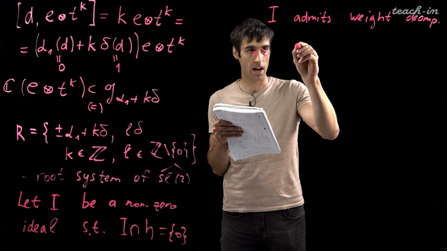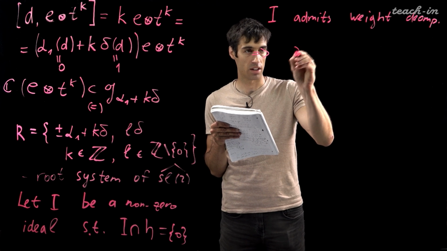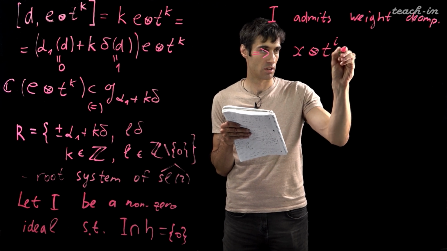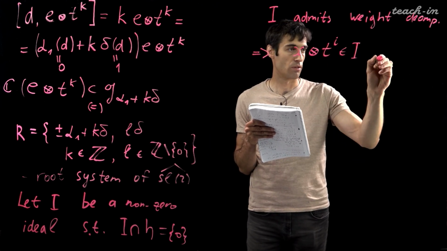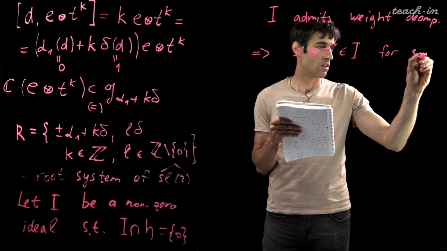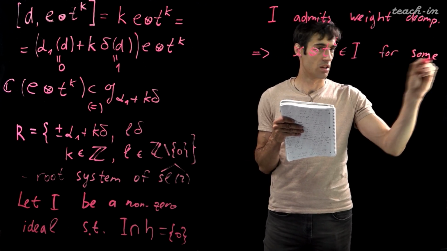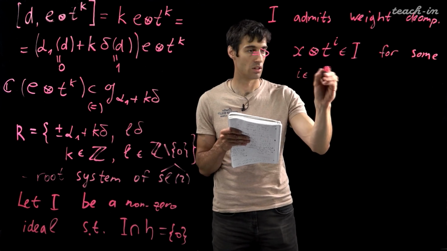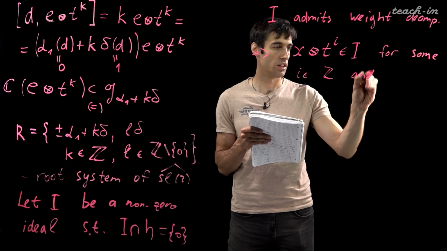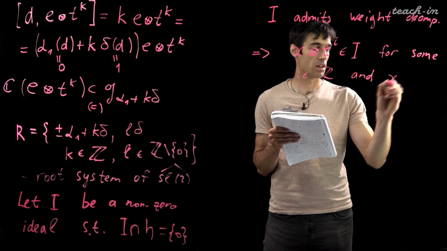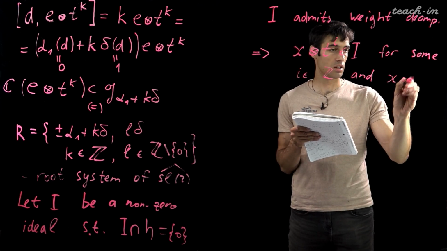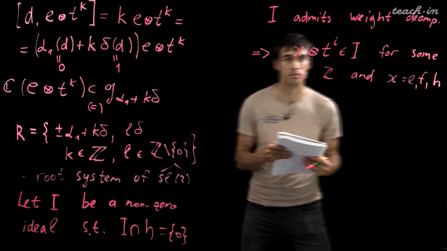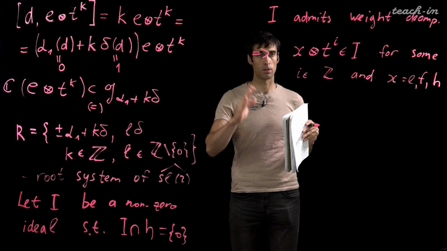So I should contain an element of this form, X tensor t^i for some i from Z, and here X may equal E, F, or H. Right, so these are all possible weight vectors.